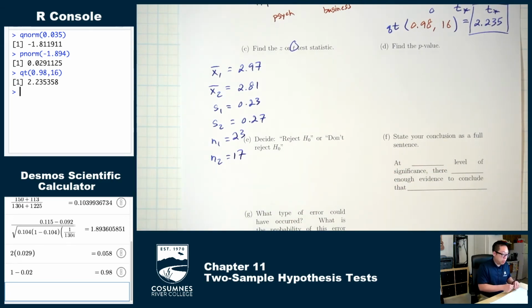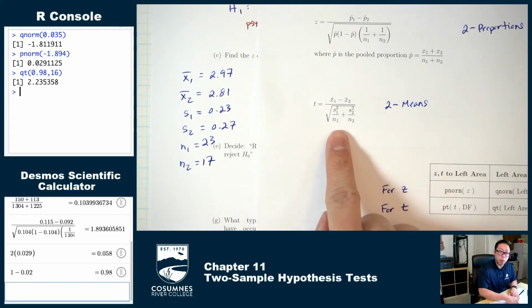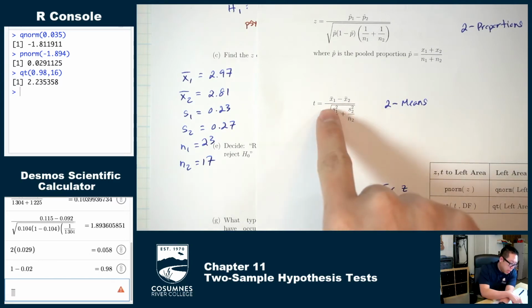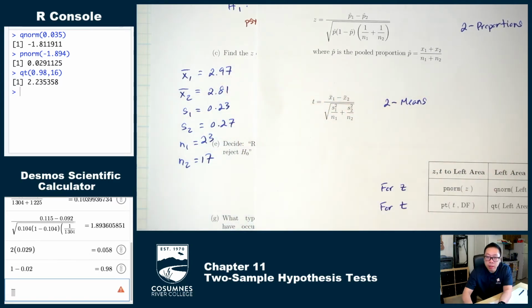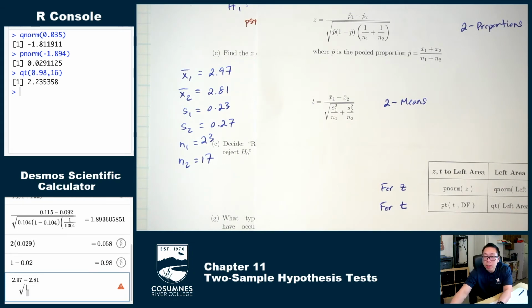And then enter this into the T formula, the second T formula. All right, so in Desmos, fraction up top, X1 bar minus X2 bar, that's going to be 2.97 minus 2.81. On the bottom, square root. Okay, and then we have a fraction inside the square root, so fraction.